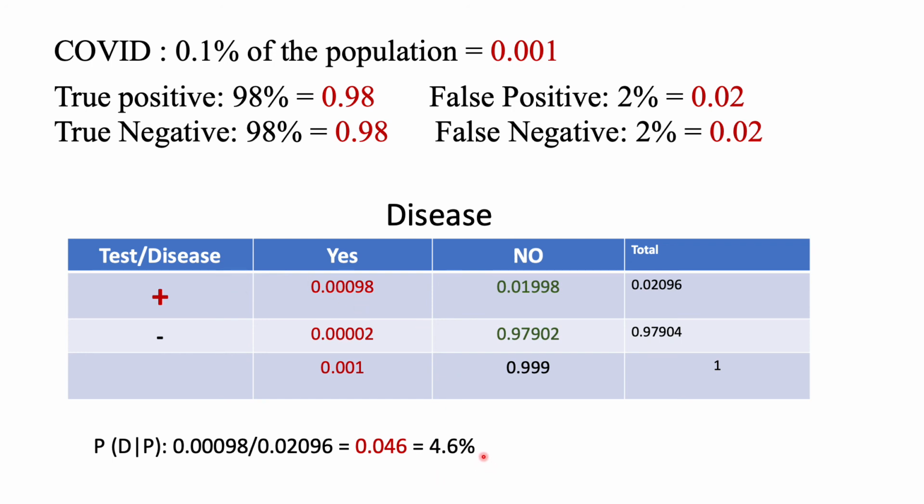As you can see, the proportion is low because the prevalence of the disease is very low. But if the prevalence of the disease is high, the probability of having the disease if you test positive will be high. And you can do the other calculation in the same way.